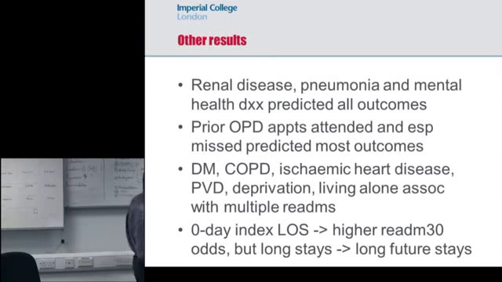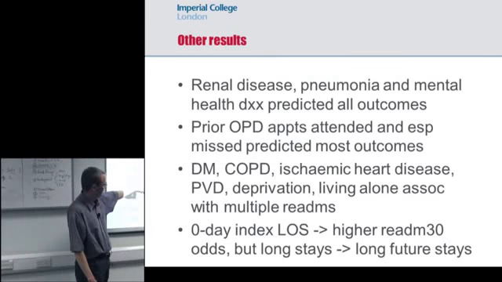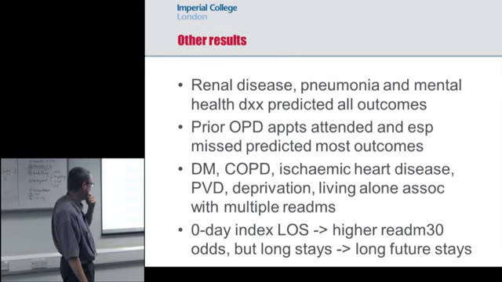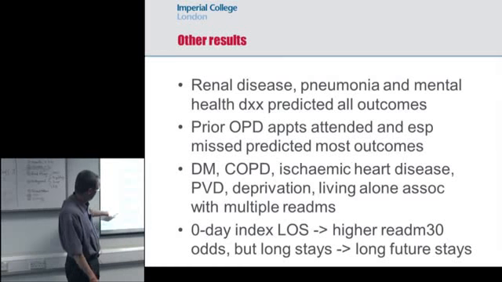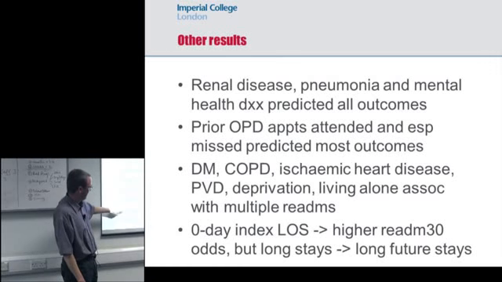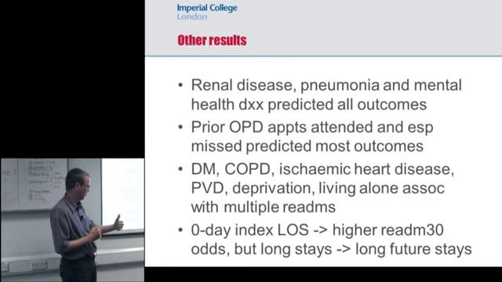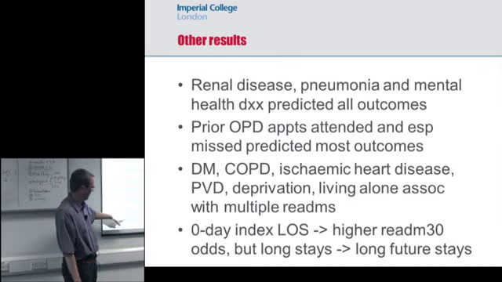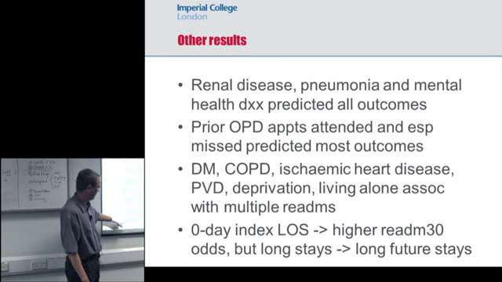And various comorbidities, deprivation, living alone, were also associated with having multiple readmissions. The 0-day index length of stay, if you remember, would put you at higher risk of particularly short-term heart failure readmissions, as we know that increases your risk of a single readmission.